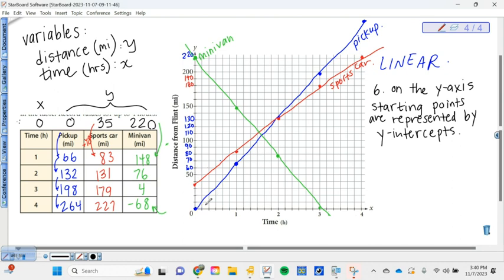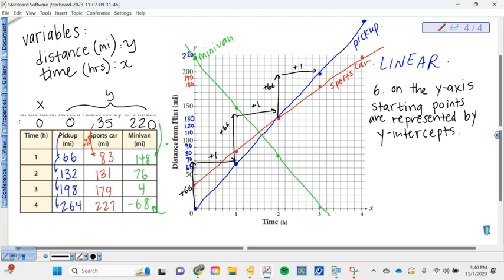Yeah, it's like the y value changing, right? So every time I go over 1, I'm going up 66, right? Up 66 over 1. Going up 66 over 1. Up 66, right?